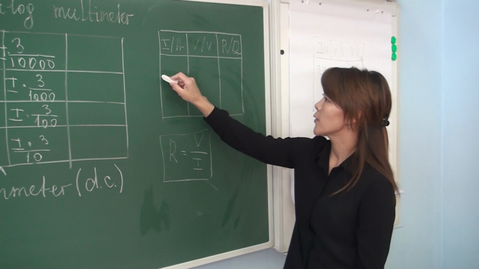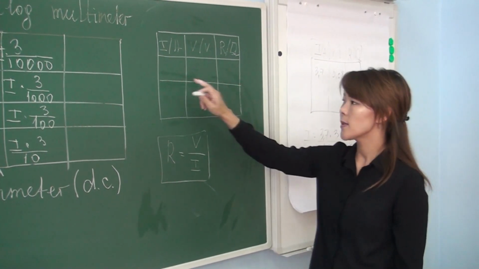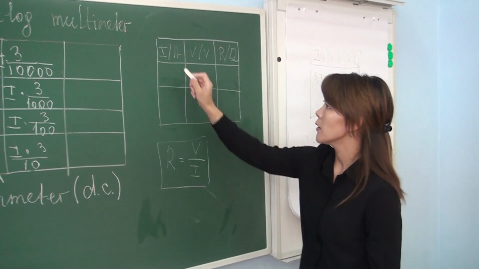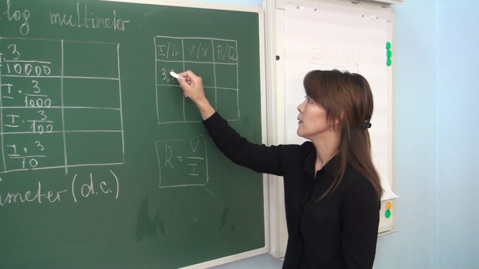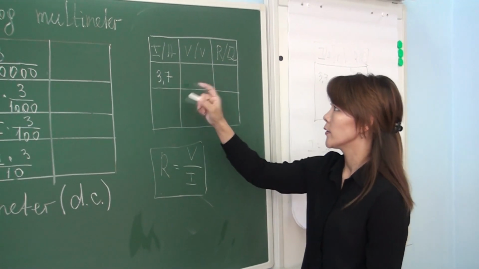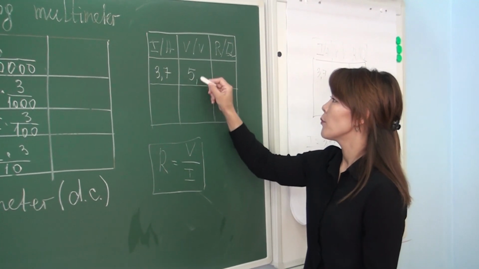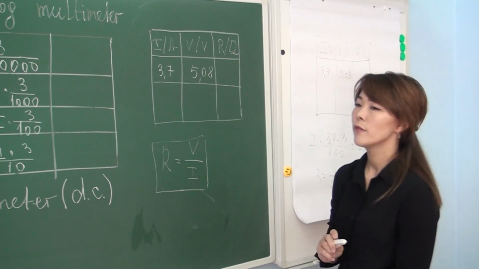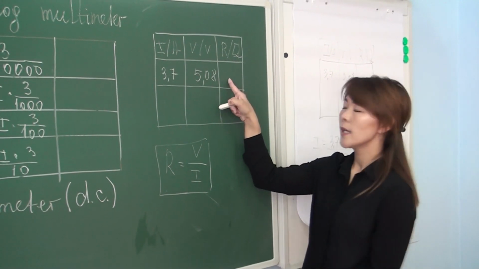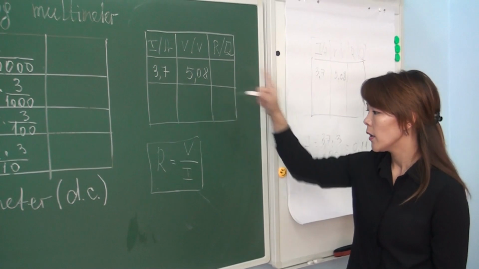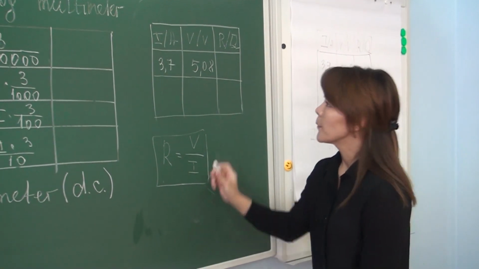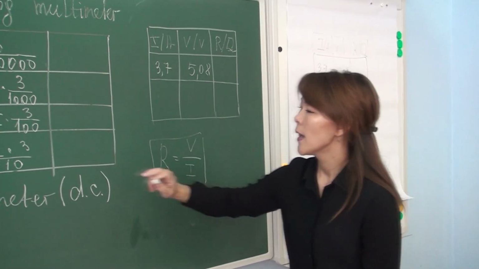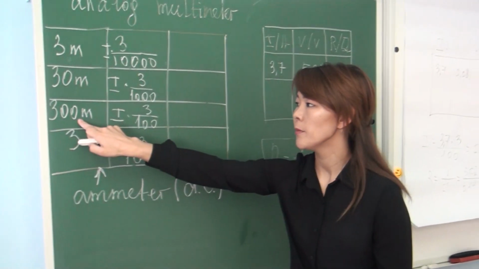Then students write in this table, for example, current 3.7, next, voltage 5.06 volt. We should calculate the resistance of the resistor. Next, the student uses scale 300 milli.